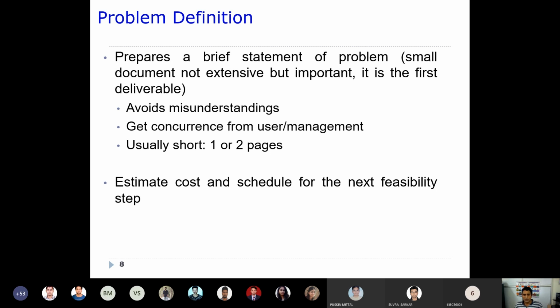They estimate cost and schedule for the next feasibility step. As part of this problem definition, we also go through an approximate estimation of cost and schedule. That means what would be the cost required, and what is the time really required for this feasibility step.